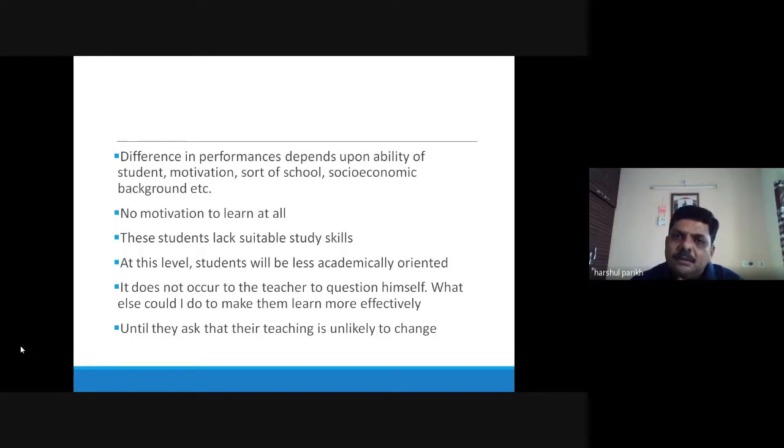And there is no motivation to learn at all. And that's why when teaching at this level, the students lack suitable study skills. At this level, definitely students are not engaged, and that's why they are not academically oriented.